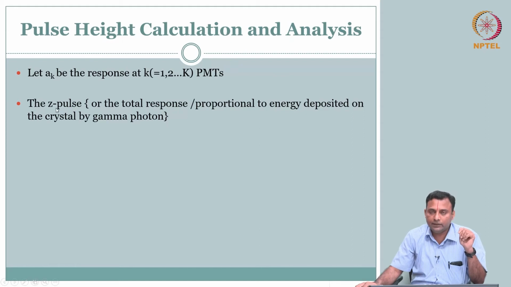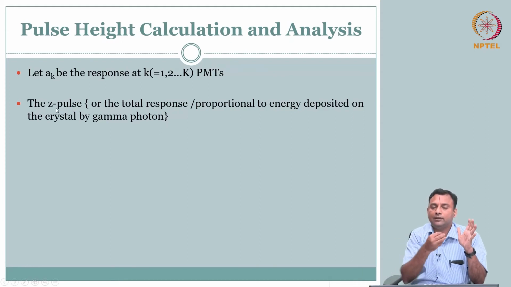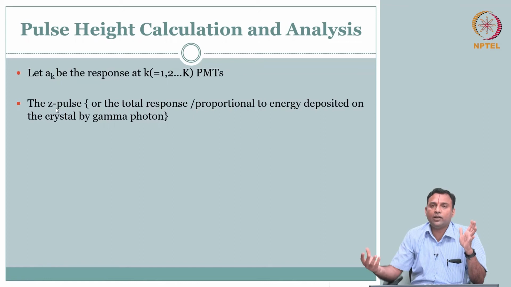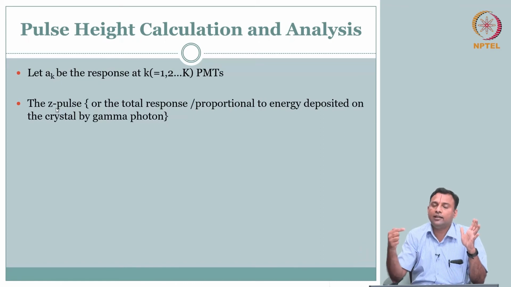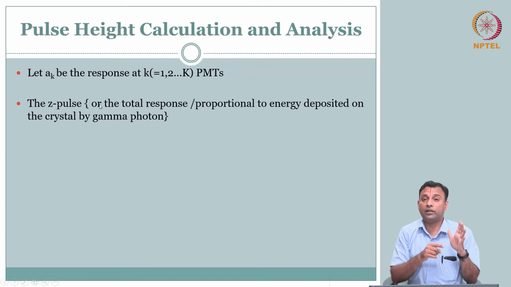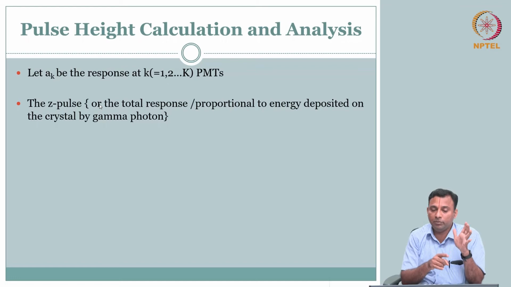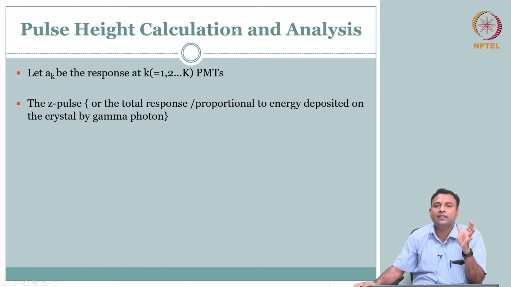So your Z pulse, if you sum it, is in some sense the total response, the energy that is proportional to the gamma energy deposited in the crystal. So your Z pulse is the sum of all the outputs. This is an important concept, because we will have to do our image formation, and unless you understand the Z part of it, it will be very tricky.